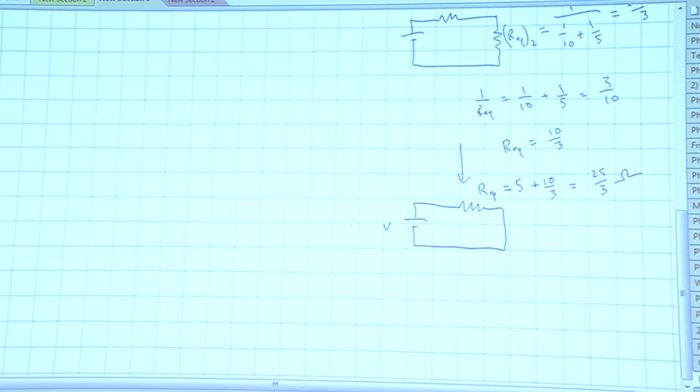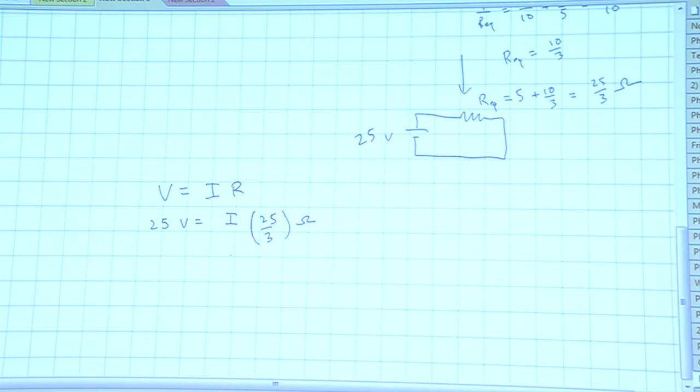Okay, so what we end up with, V equals IR. 25 volts is going to be I times 25/3 ohms. And that gives us our current in amps. So we get 3 amps in our circuit.